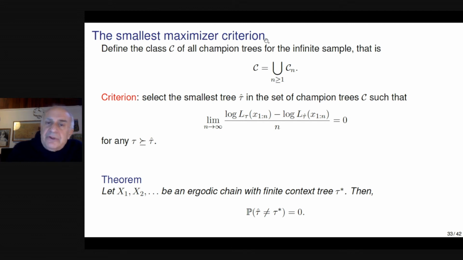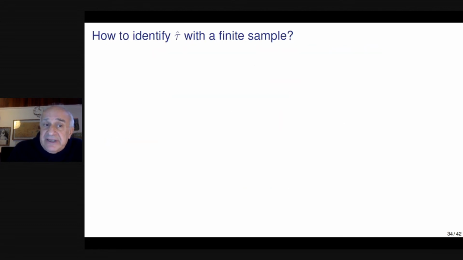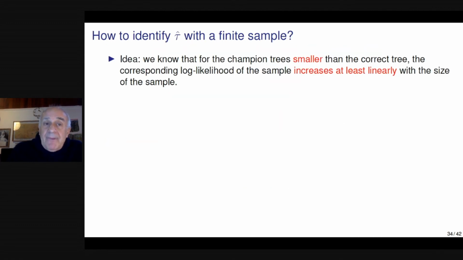But now we could say, okay, this is very nice, but here we are using a limit when n diverges. How do we really identify it when you have a sample which may be large, but it's finite? Idea. We know that for a champion tree smaller than the correct tree, the corresponding likelihood increases at least linearly with the size of the sample.